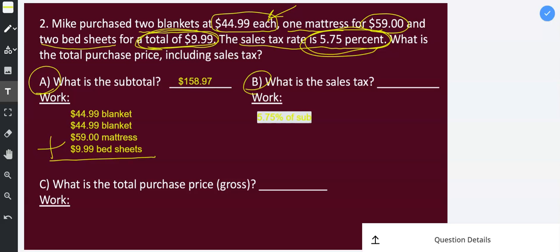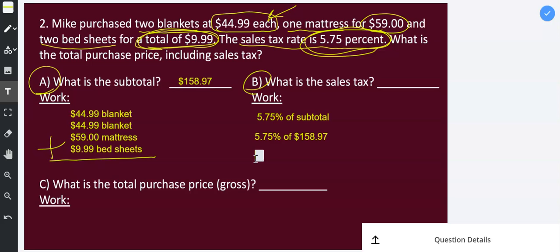Well, it's going to be of the subtotal because the subtotal represents the total amount of money that Mike spent. So now on the second line, I'll type the same 5.75%, but this time I'm going to write of, and instead of the word subtotal, I'm going to replace it with the actual subtotal, the numbers.